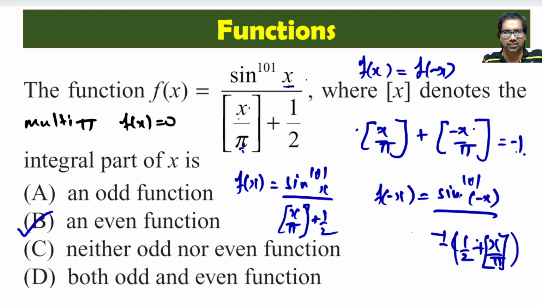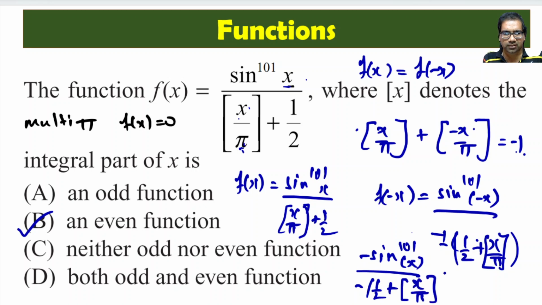Right? So this one, sine of minus x raised to an odd power, this is minus sine, right? Minus sine 101 x by minus half plus reduced into the function of x by pi. This and this will get cancelled. Basically, f of x is equal to f of minus x.